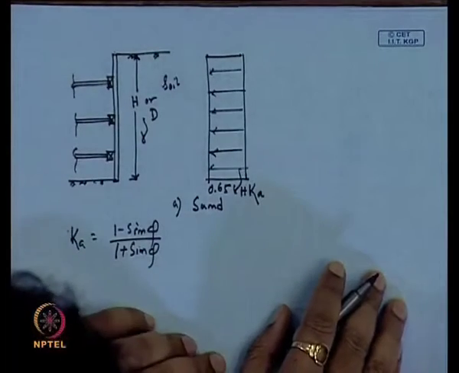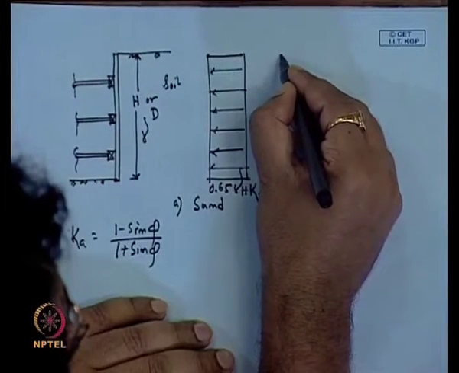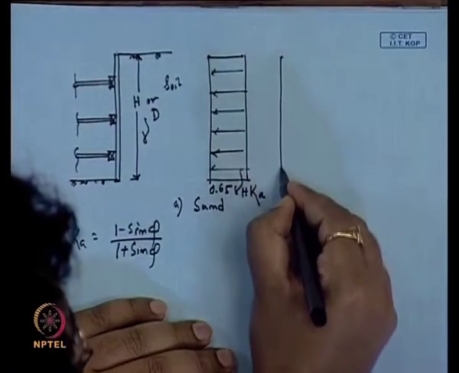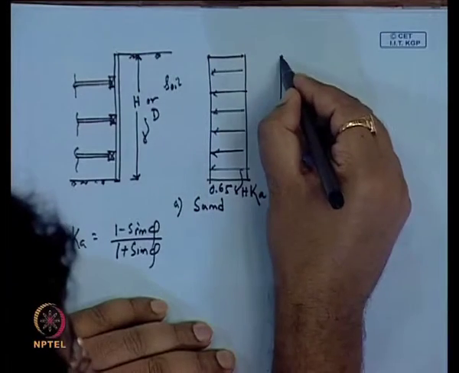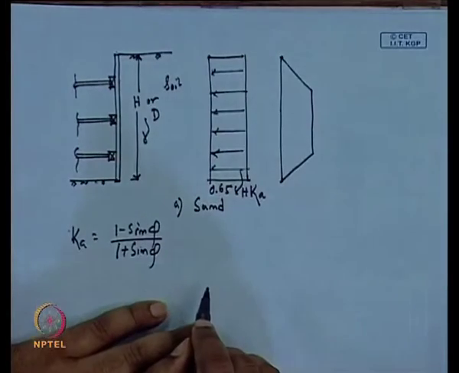Now, if the soil is firm clay or stiff clay, then the distribution will be different. The total distribution pattern will be different.